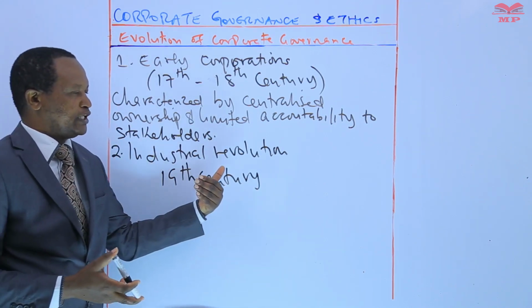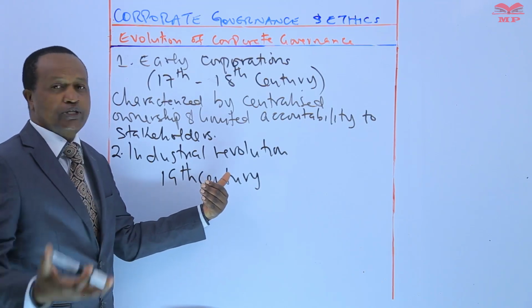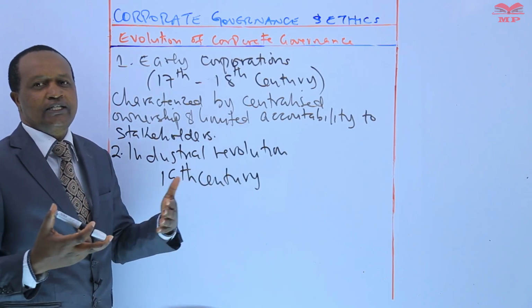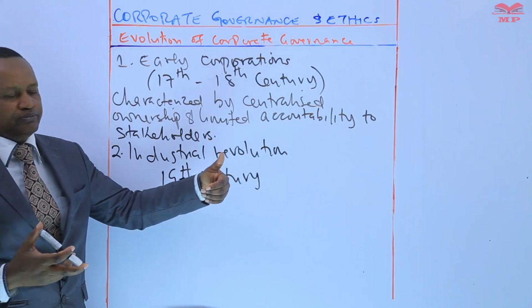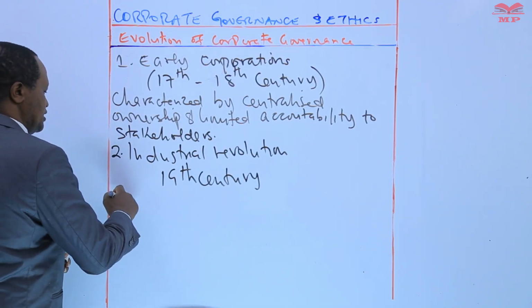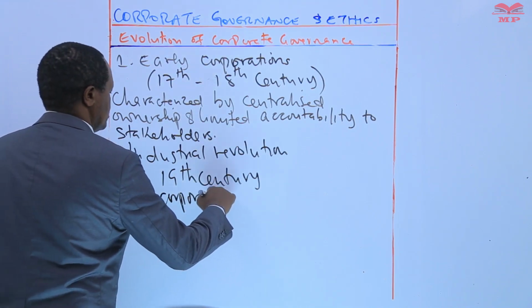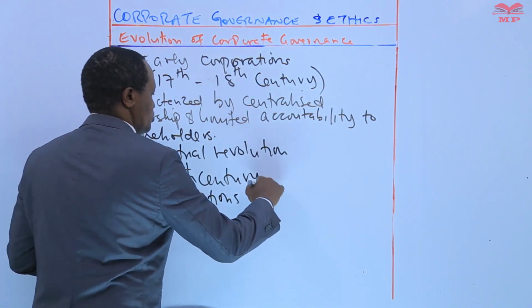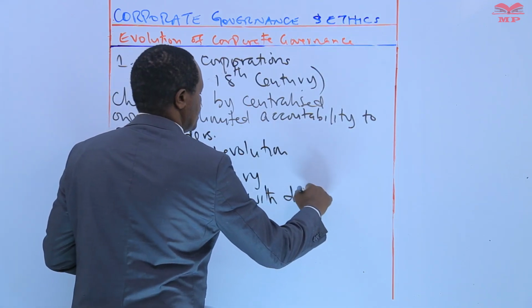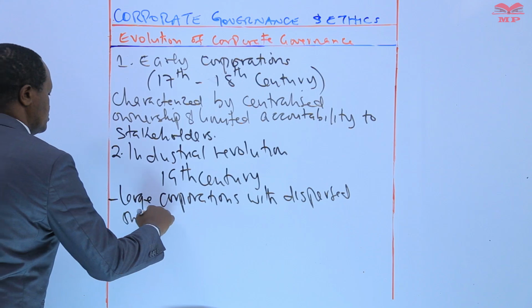Because of revolution in manufacturing, there came about large corporations with dispersed ownership. Right? This was characterized by large corporations with dispersed ownership.